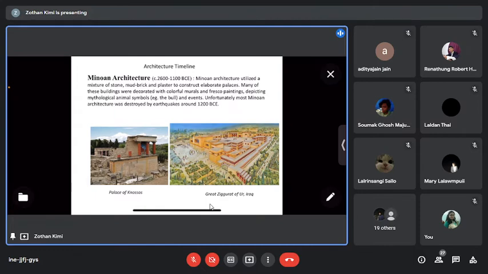Now, basically, we just have the remains of these. All right, so we only see the remains, and then the sketches and the drawings were done by the information that was gathered from the archaeologists' notes.